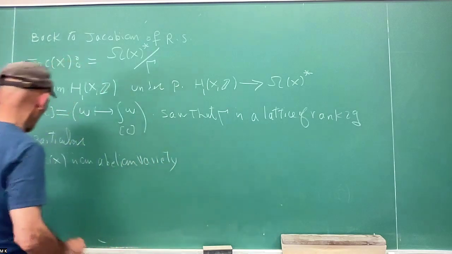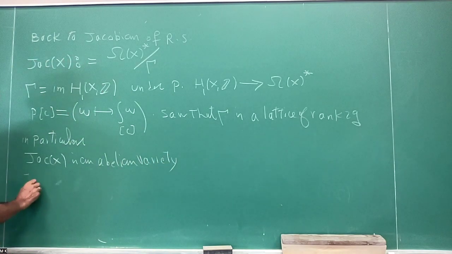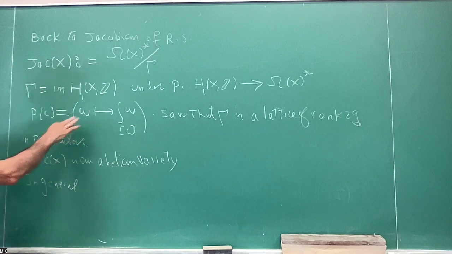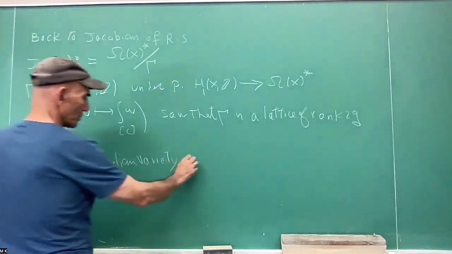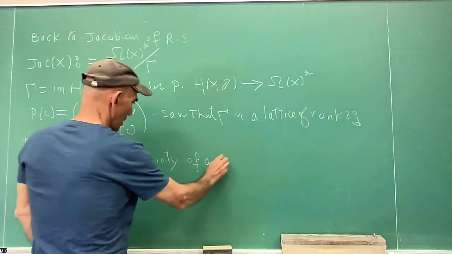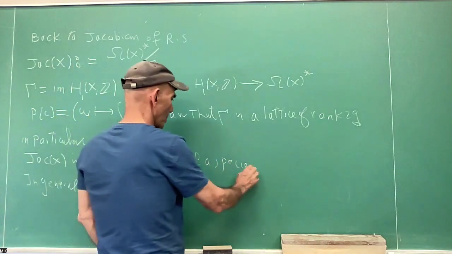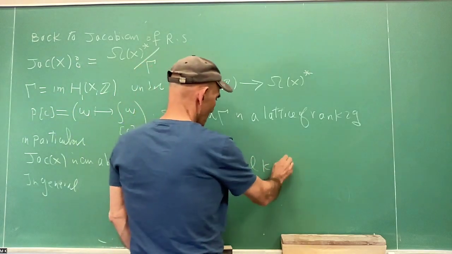Let me define an abelian variety in general, because you want to see that this is a very special kind. I will tell you exactly what the special kind is.